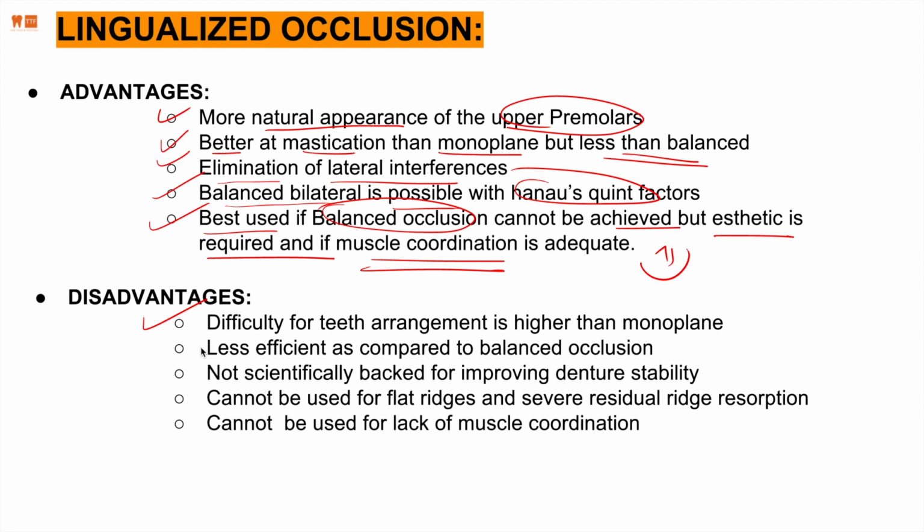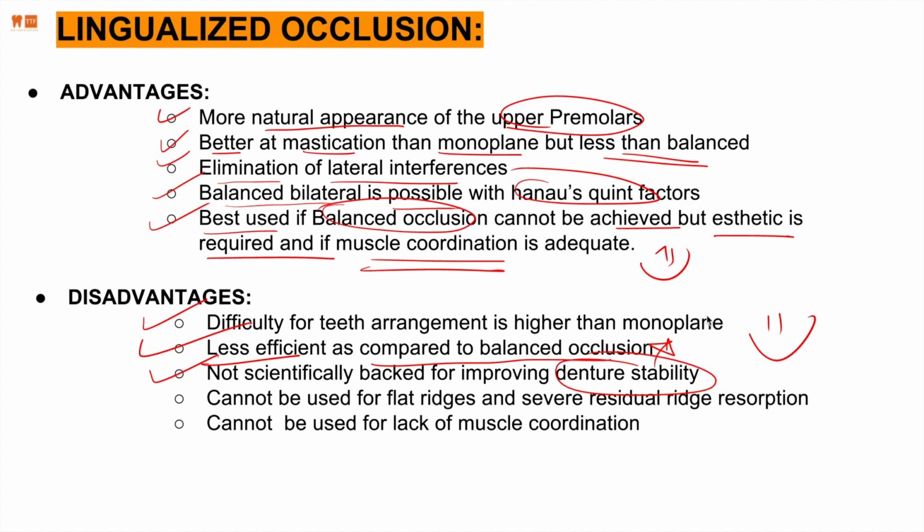right? It's hard to set the teeth. It's less efficient as compared to balanced occlusion. Now, statistically speaking, yes, but do patients like it? Yes, absolutely. It's not scientifically backed by improving denture stability. So bilateral balanced occlusion is always going to be the gold standard, but for denture stability, lingualized occlusion may not be a better version.